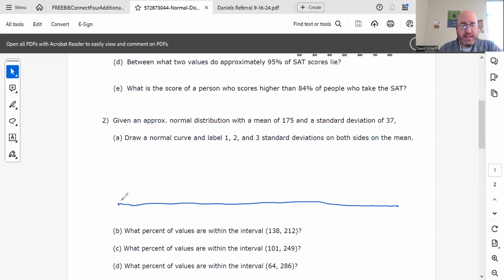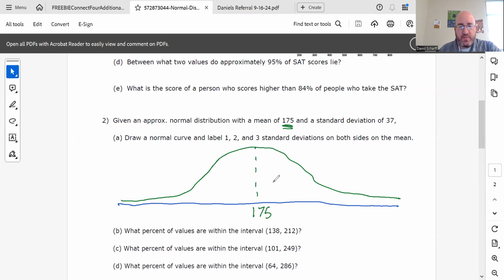But I would draw your x-axis. Pardon me if this is not perfect, but I'm trying. This side's a little higher, but whatever. Draw your normal distribution curve about right down the middle. Draw a dotted line, and right in the middle is the mean, the average. In this case, 175.